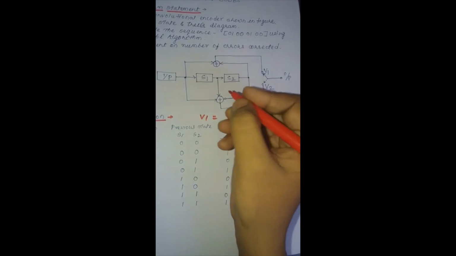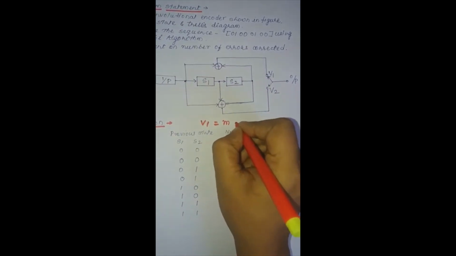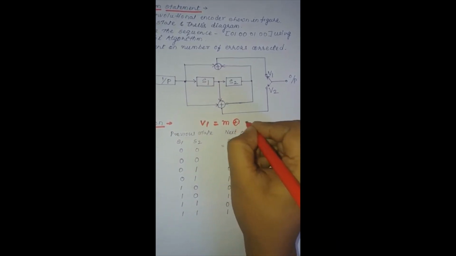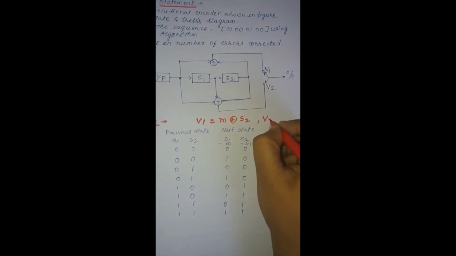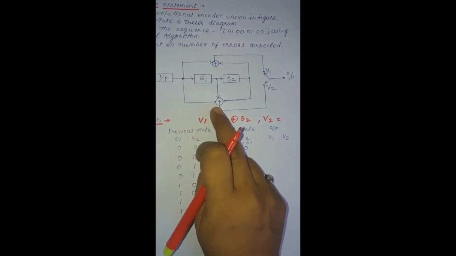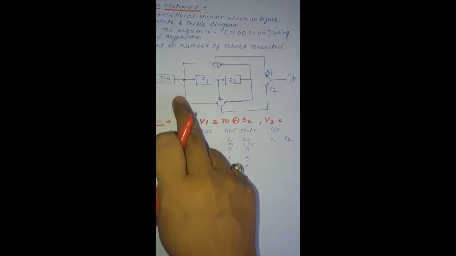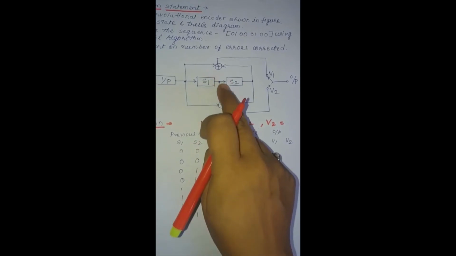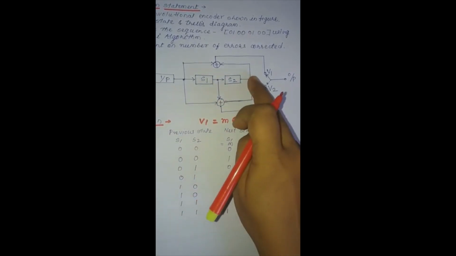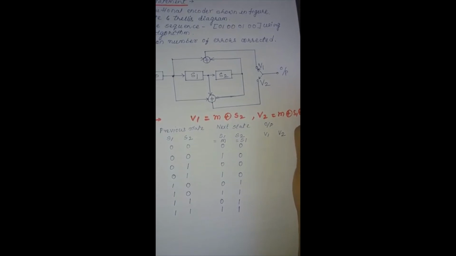So we can write V1 is equal to M XOR S2. Similarly, V2 is the output of the lower modulo 2 adder, which gets its inputs from input M, output of flip-flop S1 and output of flip-flop S2. So V2 is equal to M XOR S1 XOR S2, right?